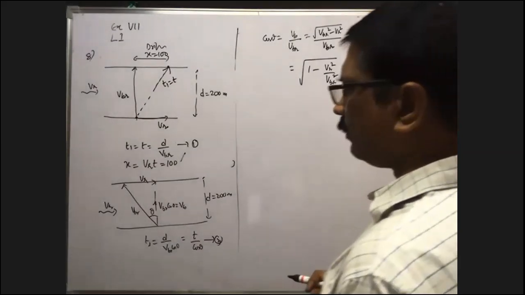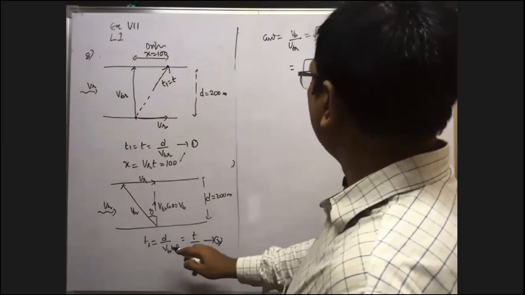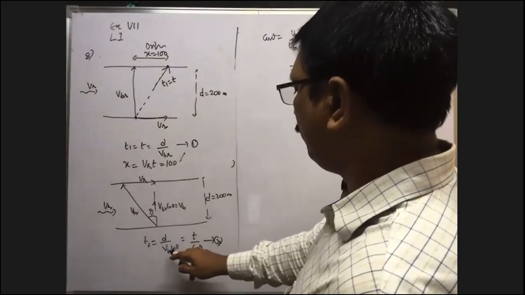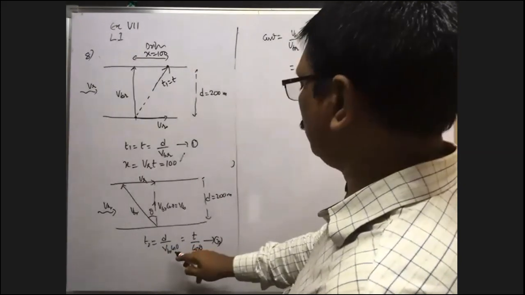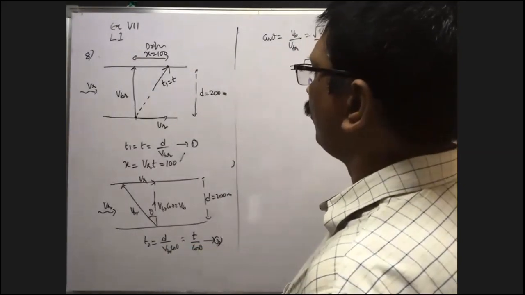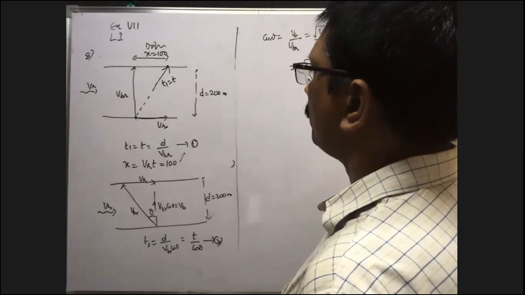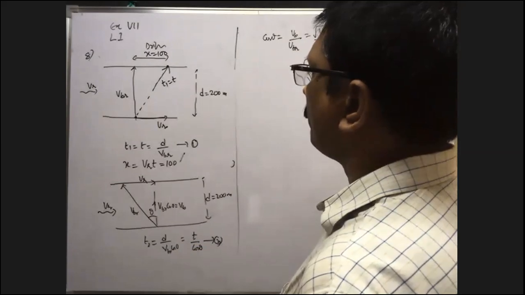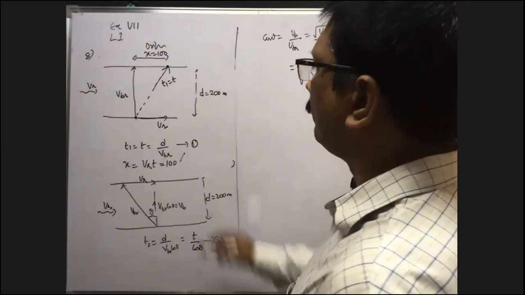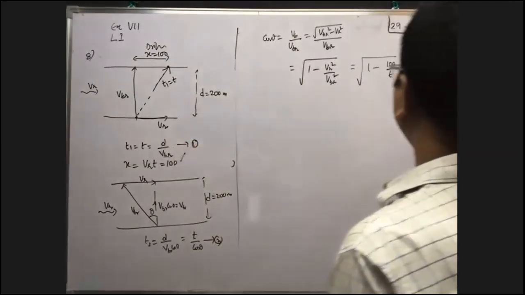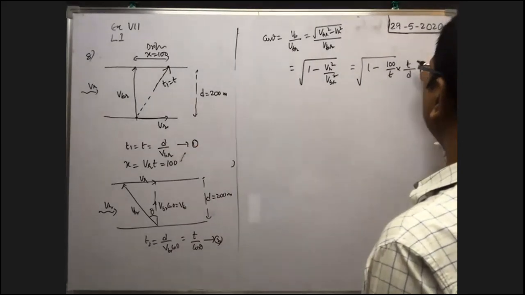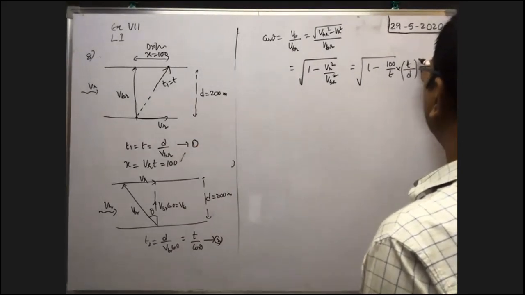And VBR is equal to d by t, whole square.